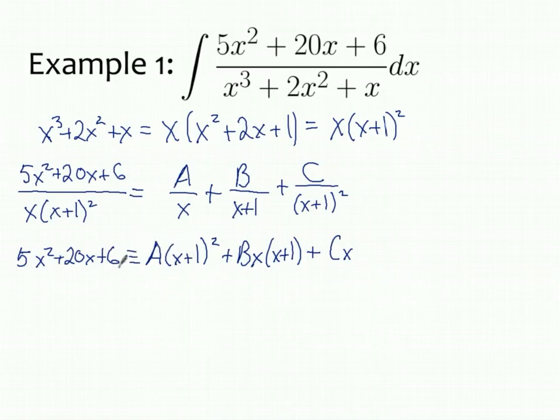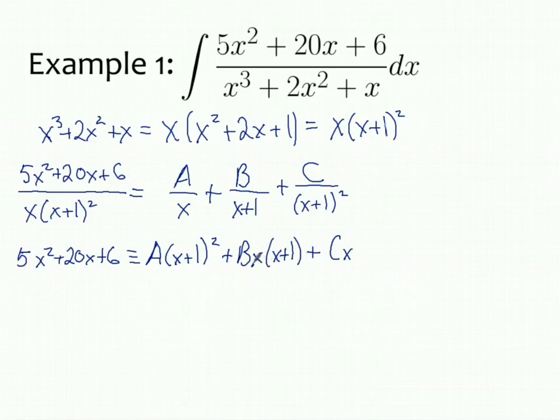Our original expression is the same as the expression on the right for all x, so we have an identically equal situation here, not simply an equality that we're solving. That is important because it allows us to very easily solve for some of these things. By choosing x wisely, we can eliminate one or more of the A, B, and C and solve for the remaining one.